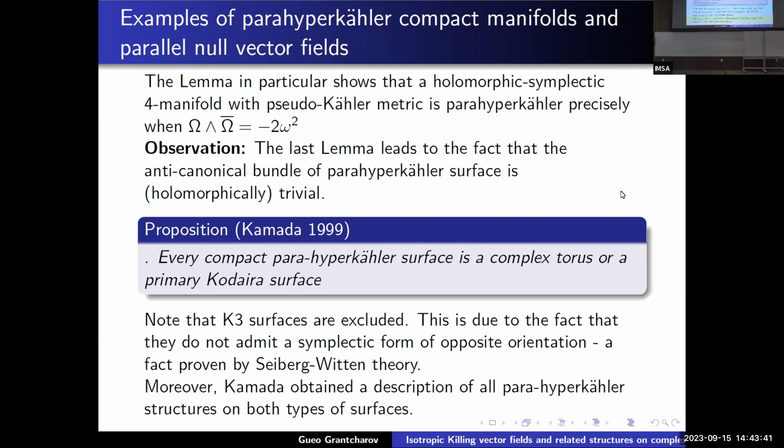And so the reason this is called proposition is that one has to somehow cancel the K3 surface classification. And the reason why K3 surface is discarded is reasonably deep from the actual geometry point, otherwise no. And the reason is that the K3 surfaces do not admit symplectic forms of that orientation.